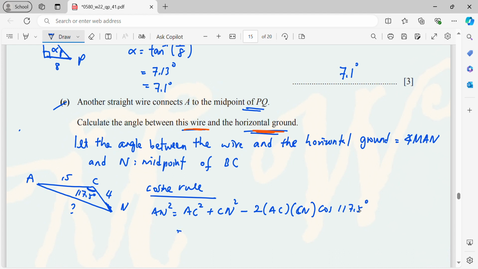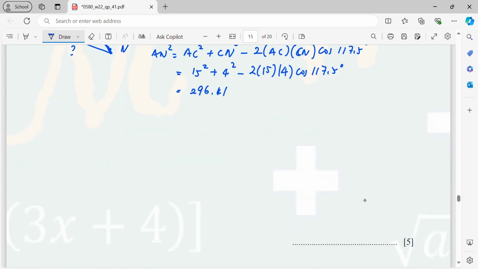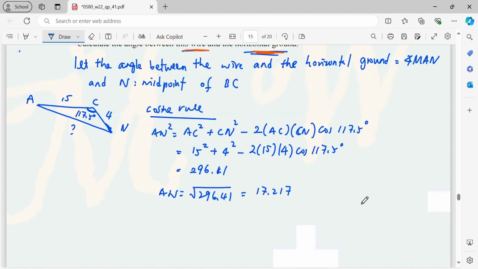Now your AC is 15, so 15 squared plus 4 squared minus 2 times 15 times 4 cos 117.5 degrees. Then this is going to be 296.41. Then my AN will be the square root of this value. You will get 17.217. Okay, found the AN.